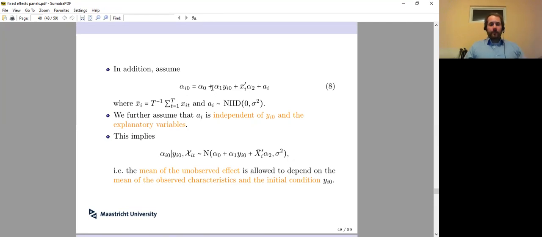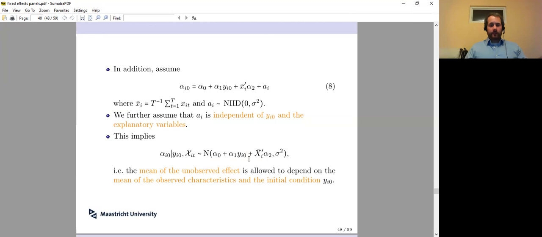So here we have the dependence on the observed x's and the initial condition. Whatever remains is just noise, normally distributed with some variance sigma squared, independent of everything else. And then we know that the alpha has this distribution here.